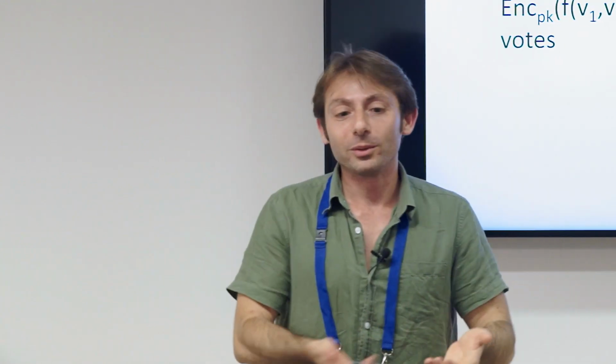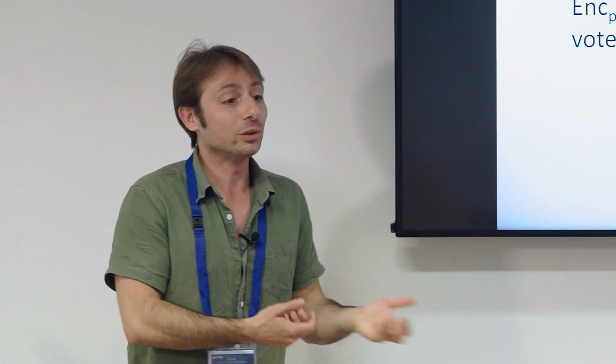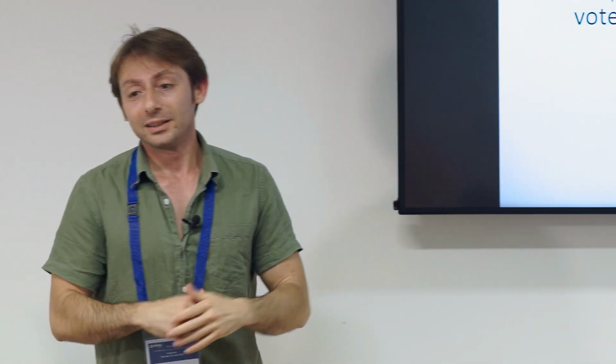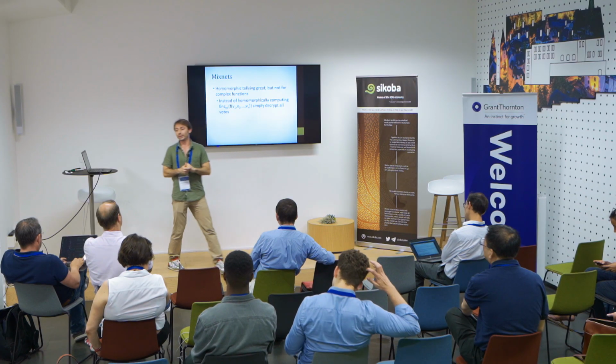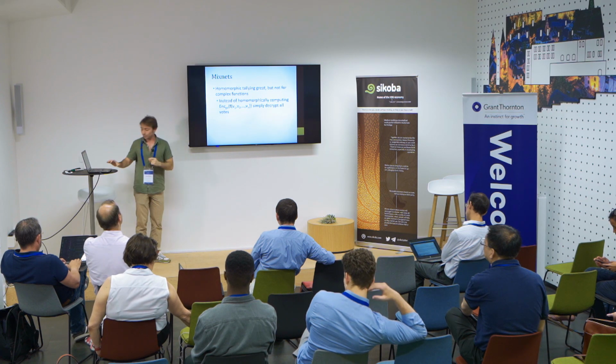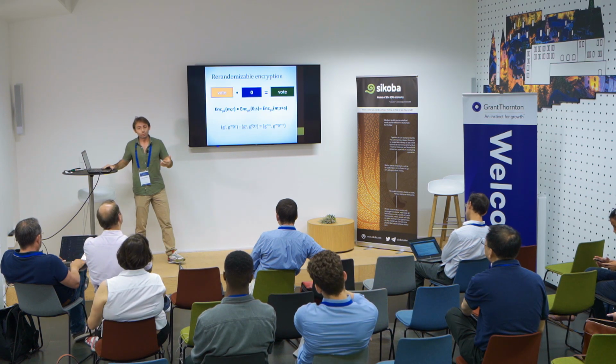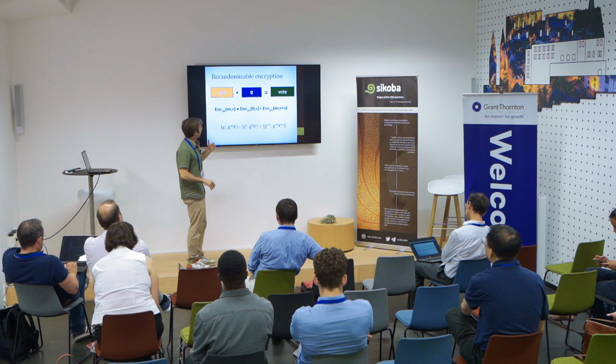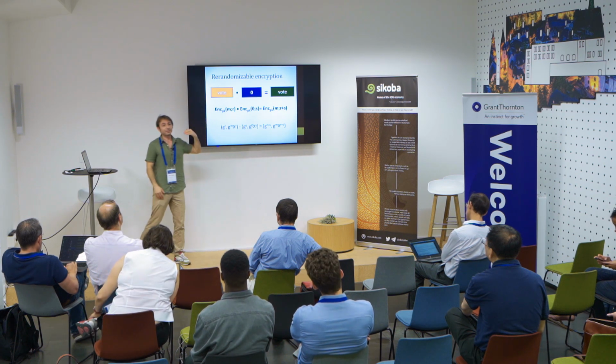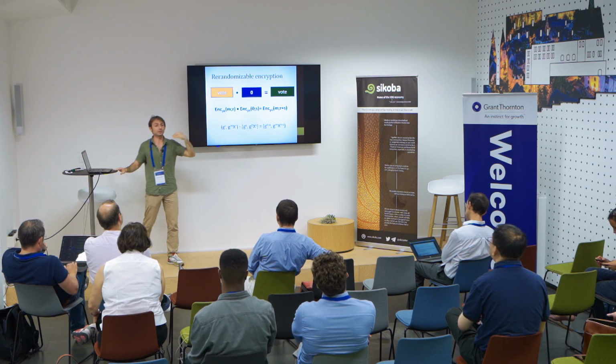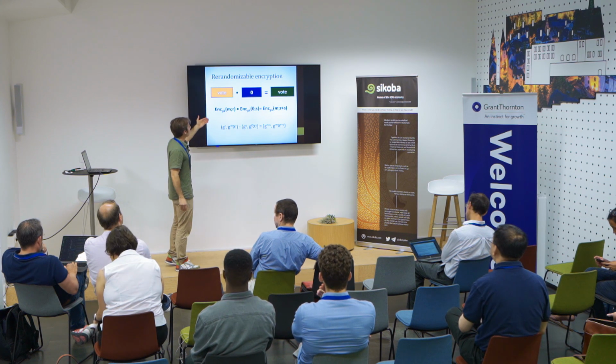Homomorphic tallying can do the sum. Maybe with fully homomorphic encryption we can now compute very complex functions, but fully homomorphic encryption is very complex. Okay, another way to do e-voting is to use a MixNet in combination with some sort of re-randomizable encryption.